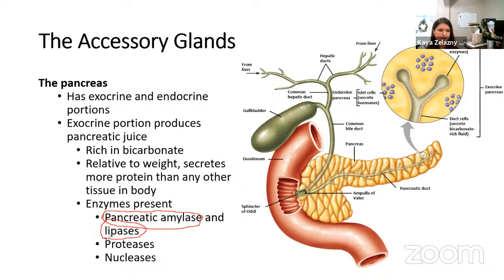Then we have proteases. Prot comes from protein, ase, it's an enzyme. So these proteases are going to help break down proteins. And we have nucleases, helping us break down nucleic acids. So we're able to break down all our different types of macromolecules.